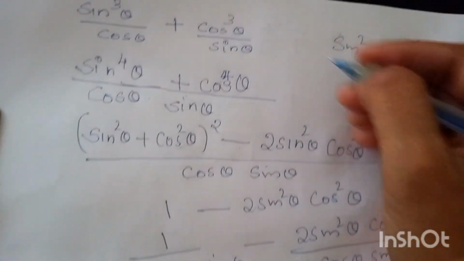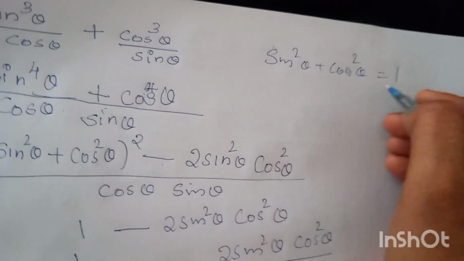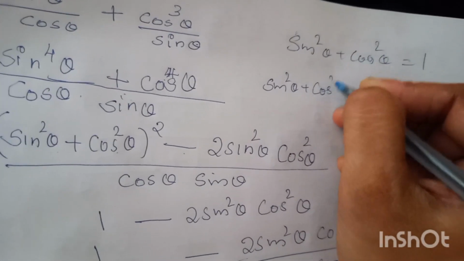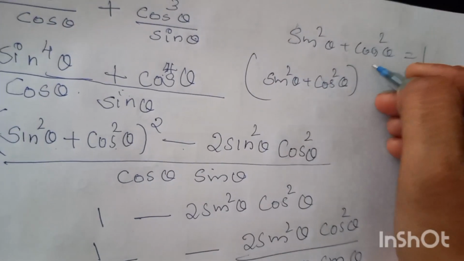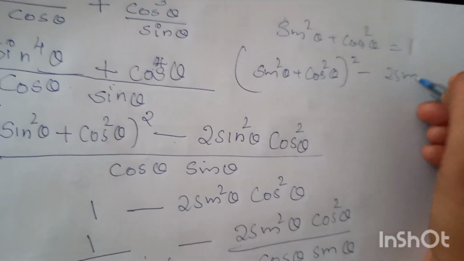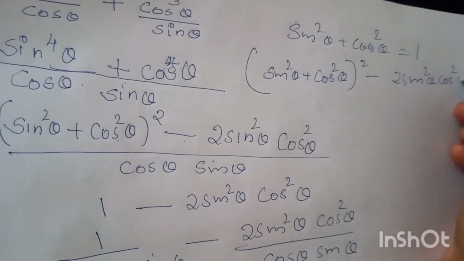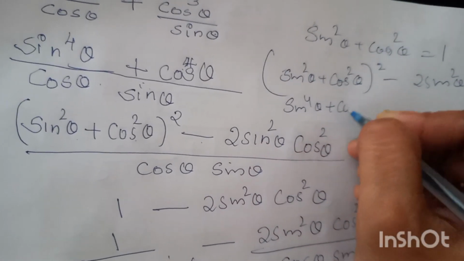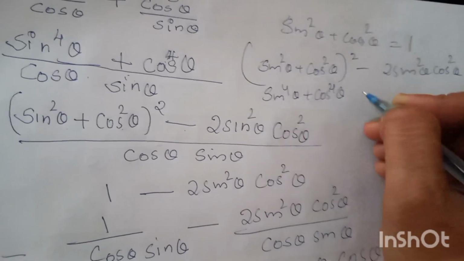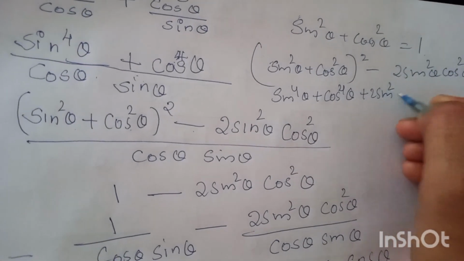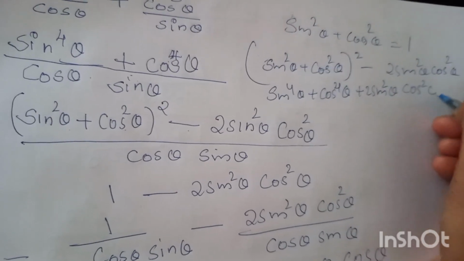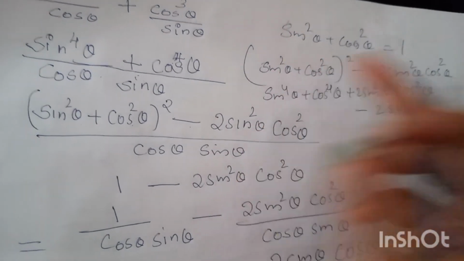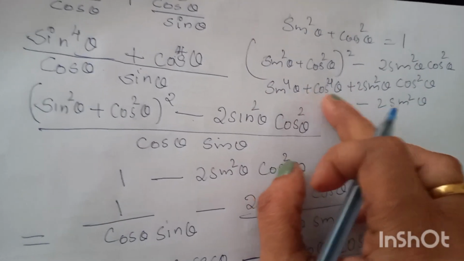So we already know that sine square theta plus cos square theta is equal to 1. So if you expand this, sine square theta plus cos square theta whole square minus 2 sine square theta cos square theta, we get sine raised to 4 theta plus cos raised to 4 theta plus 2 sine square theta cos square theta minus 2 sine square theta cos square theta. We add and subtract because we want only sine raised to 4 and cos raised to 4.